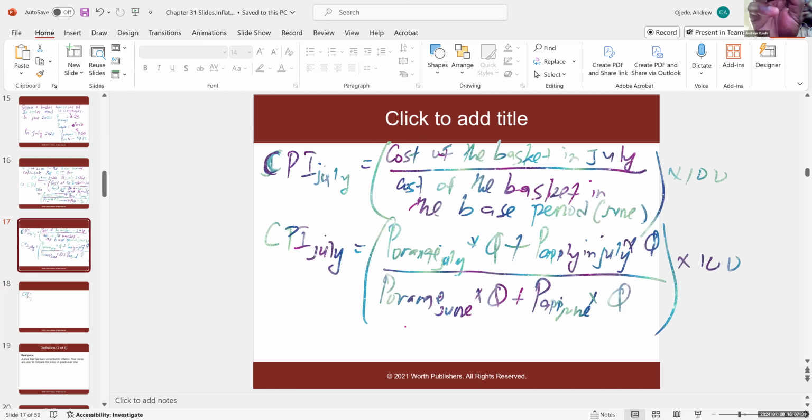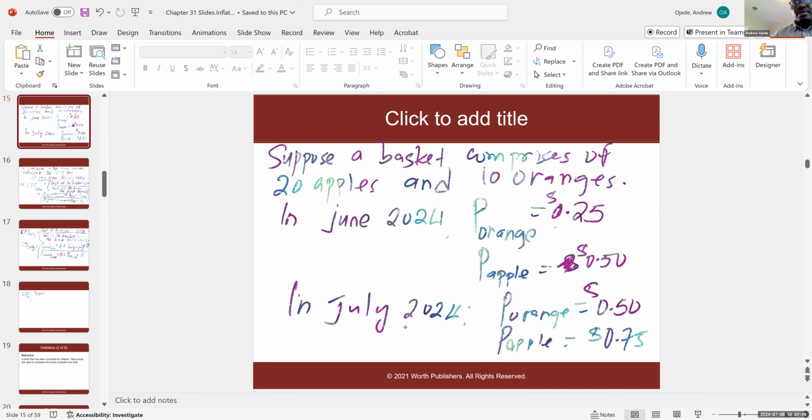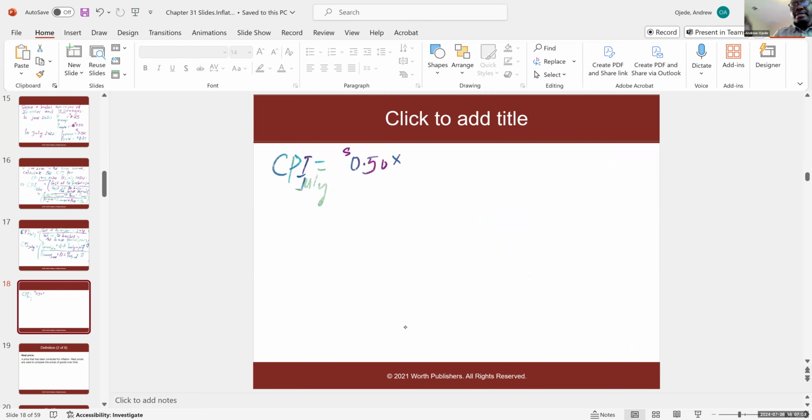The price of an orange in July is 0.50, that's 50 cents, times how many oranges did you say the consumer was buying? They're buying 10 oranges. So you multiply this by 10, plus the price of an apple in July 2024, which we said jumped to 75 cents, multiplied by the number of apples purchased, which is 20.